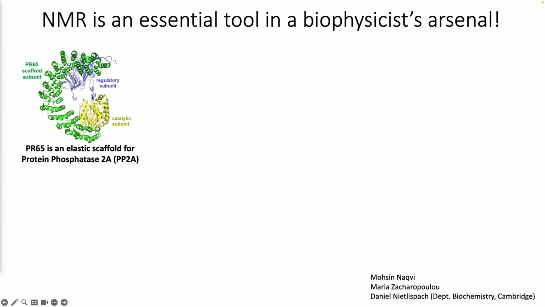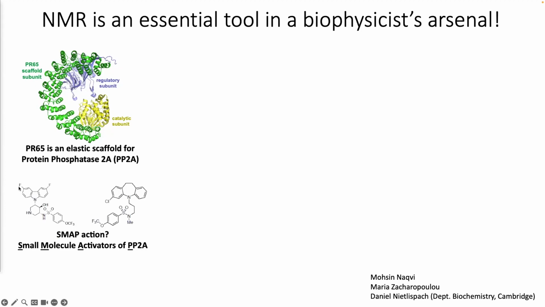It's been proposed to act as an elastic adapter. These repeat proteins are elastic, and the idea is that it brings the substrate, which is bound to the regulatory subunit, into contact with the catalytic subunit, allows dephosphorylation to occur, then opens up and releases the substrate. And for multiply phosphorylated substrate, this opening, release and closing again allows processive dephosphorylation to occur.